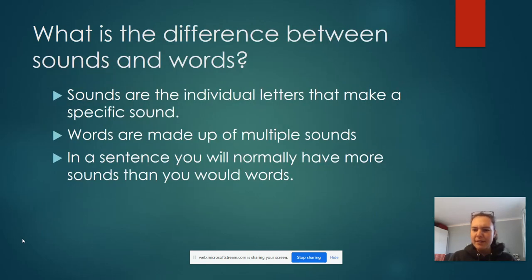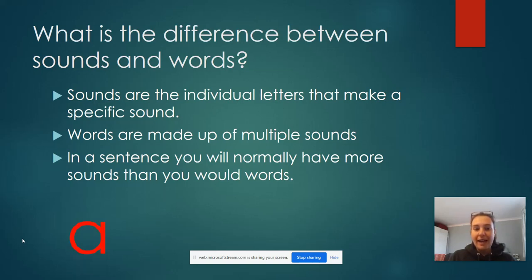Now, what is the difference between a sound and a word? Okay, now sounds are the individual letters that make the specific sounds, like a k, k or a p or a t. Now, words are made up of lots of these sounds, and in a sentence, you'd normally have more sounds than you would words, okay?